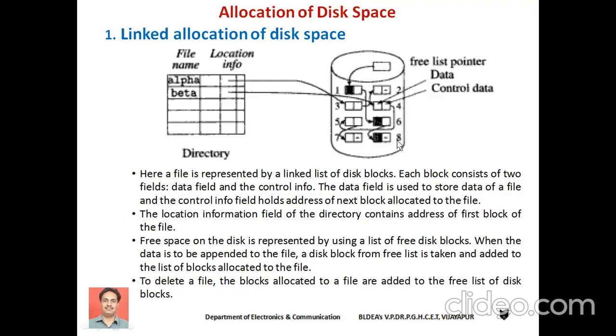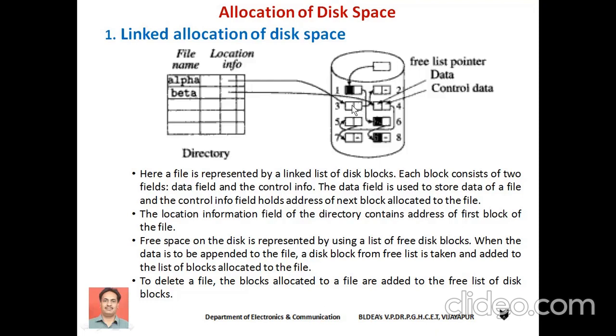Students, look at this diagram. Here we have blocks, and these blocks are assigned some numbers. If you consider a file, say alpha, the alpha file is stored in block number 3. Block number 3 again has two fields. The first field we call the data field, and the second field we call the control information field.